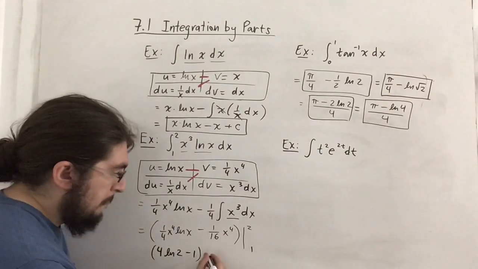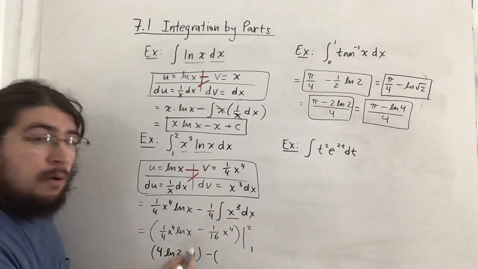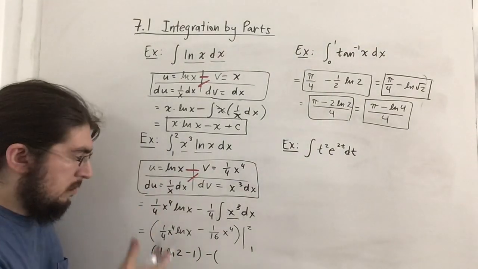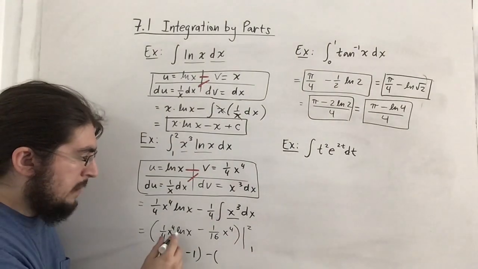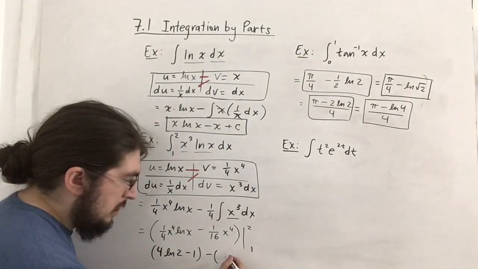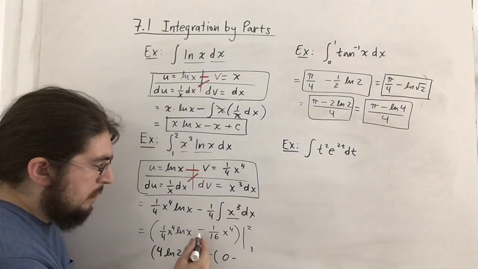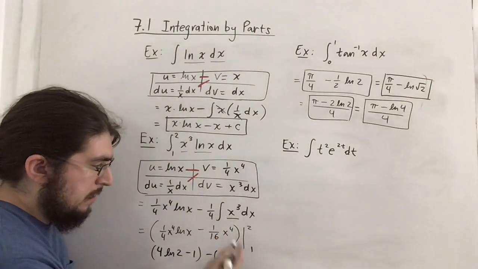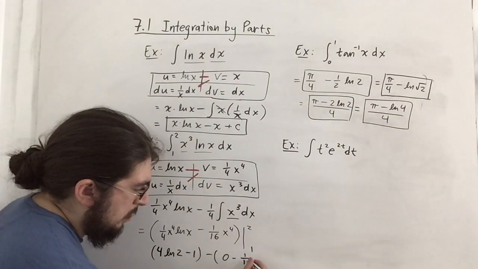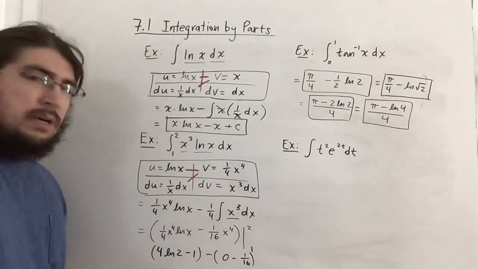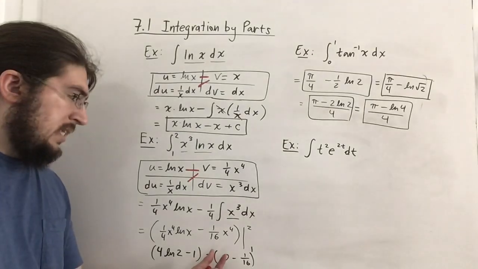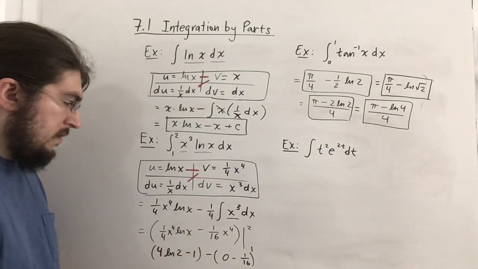Great. Minus, when you plug in 1, you get 1/4 times 1 to the fourth, which is just 1/4, times ln of 1, but ln of 1 is 0, so we get 0 minus, when you plug in 1 here, this is going to be 1 over 16 times 1, so it's just 1 over 16. But notice this is just negative 1 over 16, and with the double negative you get positive 1 over 16.